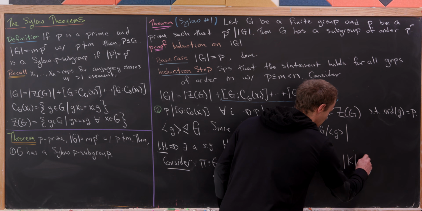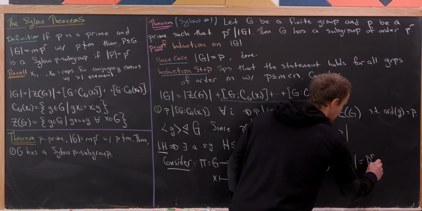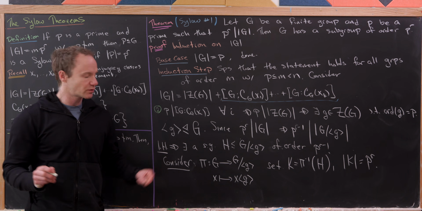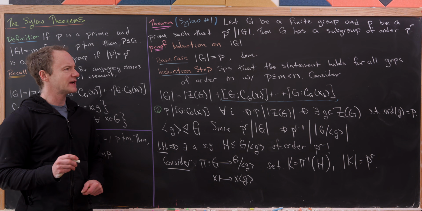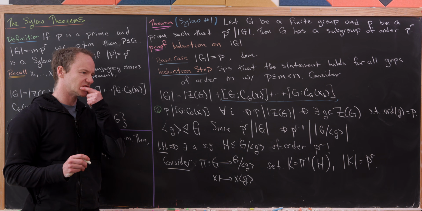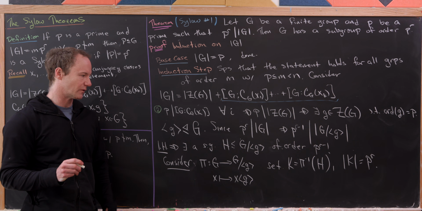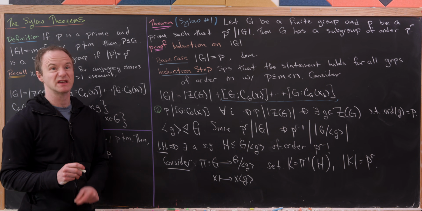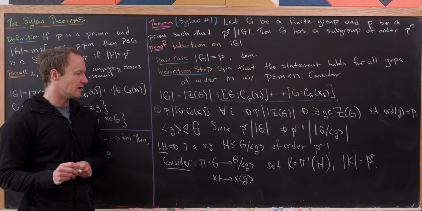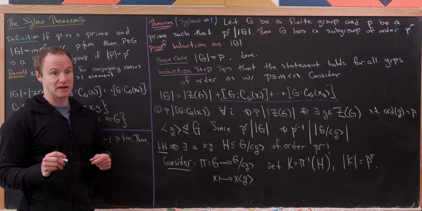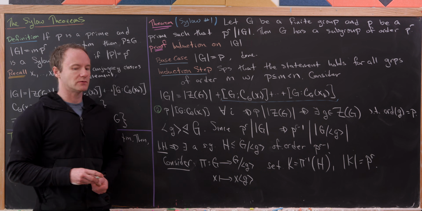So here we've got the order of K is p to the r. But that's where we wanted to end up. There is, I guess, one more way to do this. You could use the so-called correspondence theorem for subgroups of quotient groups if you'd like to. Maybe look that up if you want. Okay, so now let's move on.